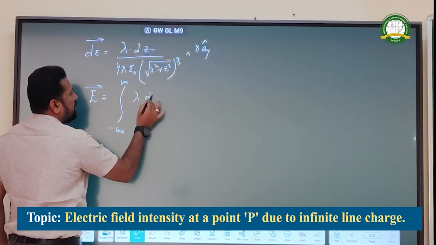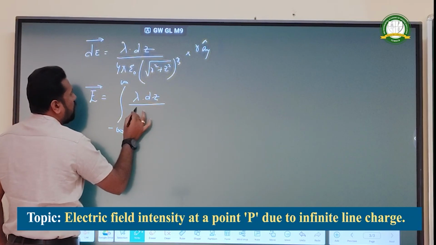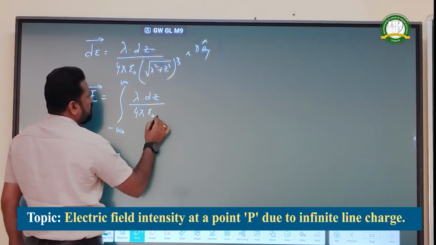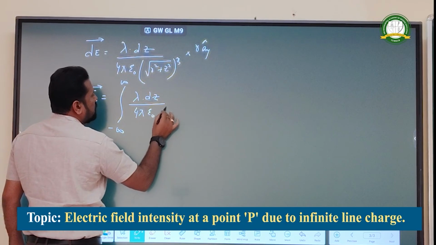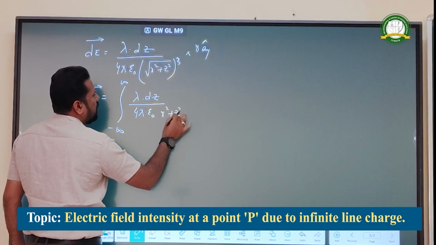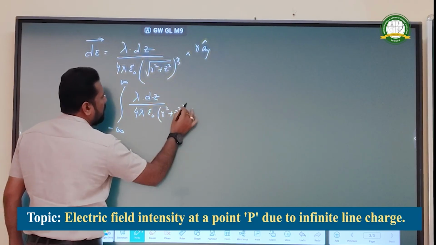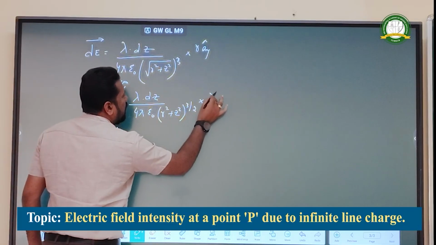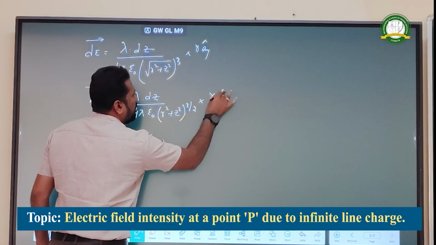Lambda dz divided by 4 pi epsilon naught r square plus z square whole to the power of 3 by 2 into r a_y cap.